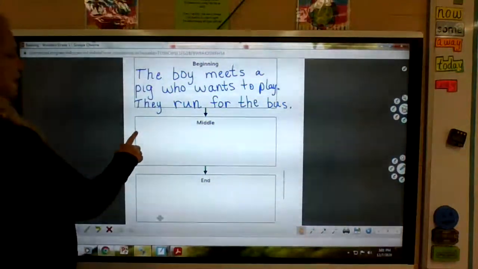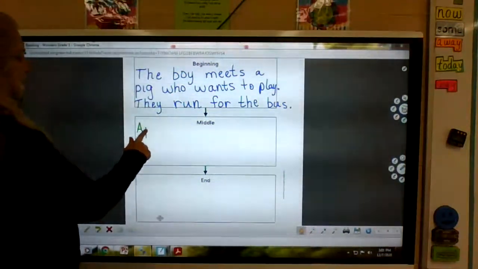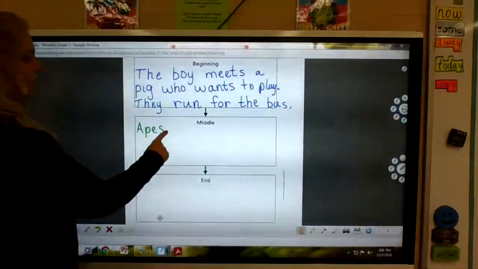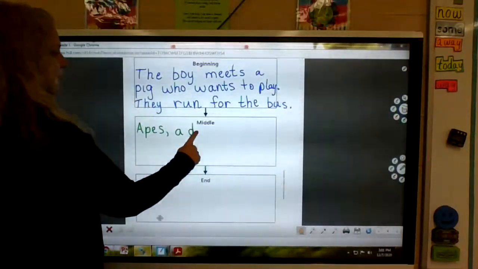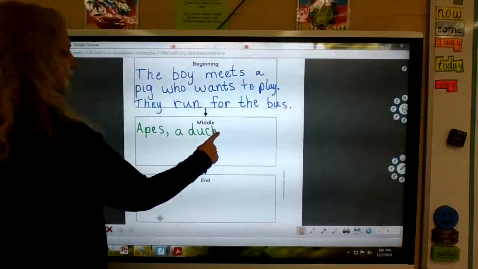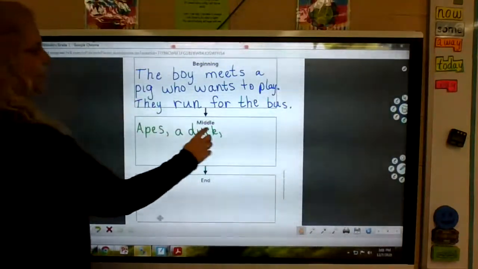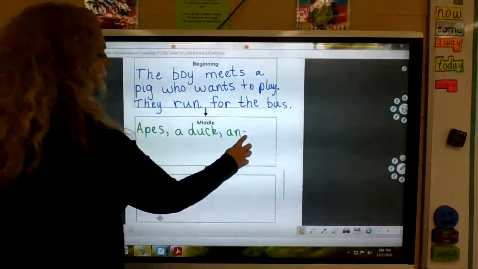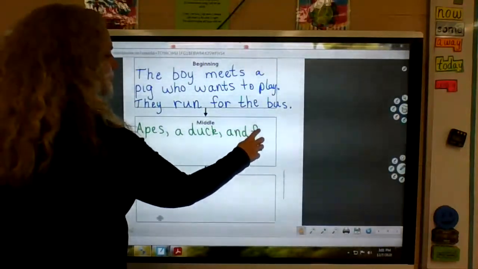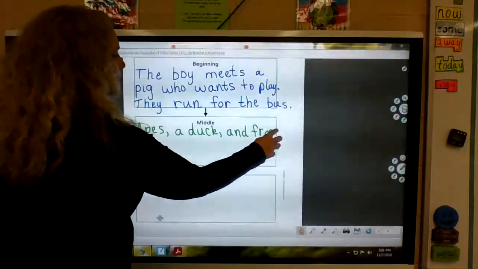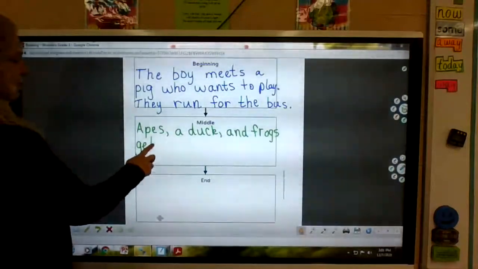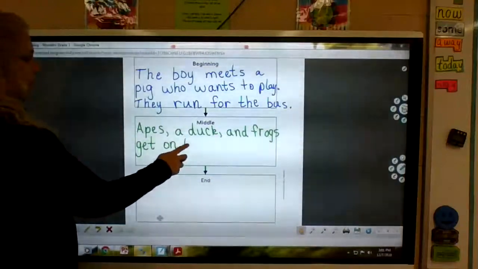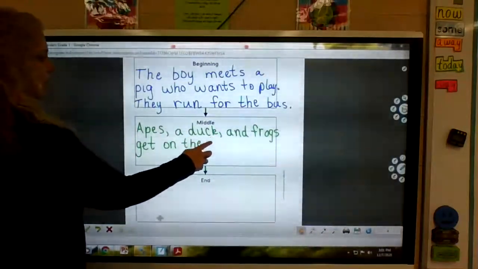So we're going to say capital A, apes, long A, so it has a magic E, apes, comma, a duck, comma, and frogs get on the bus.